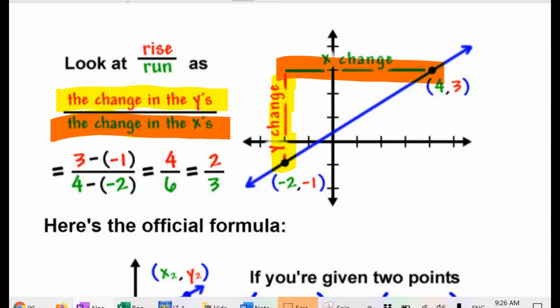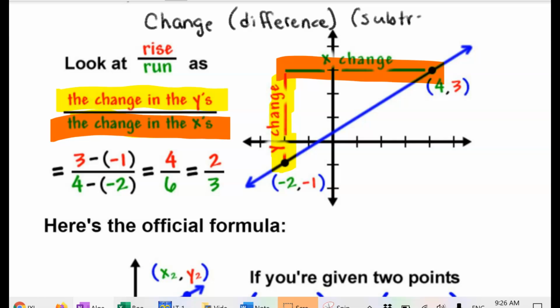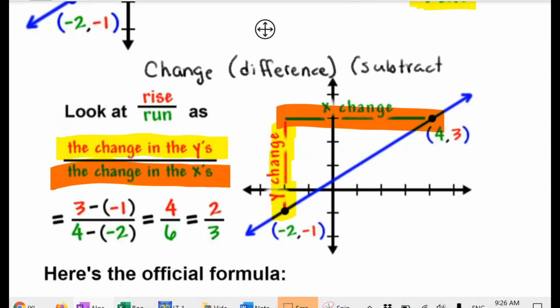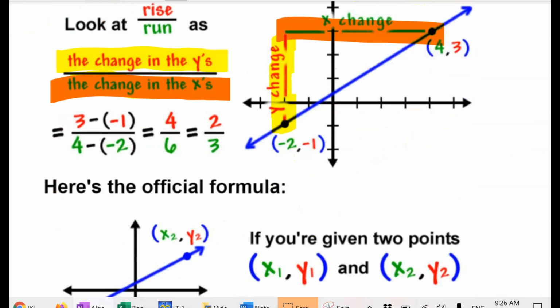The word change is basically the difference, and in math, the word difference means subtract. You don't have to copy this down yet. I'll let you know when you need to do notes.